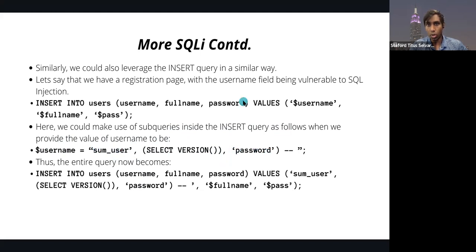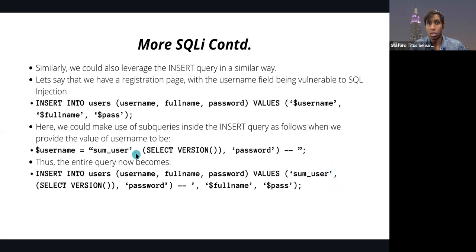So essentially how it comes into this SQL statement is below: insert into users, username, full name, password, values, some user. This some user goes here, and then there's a single quote. That single quote closes this, because there was already an opening quote, right? And then we give a comma.